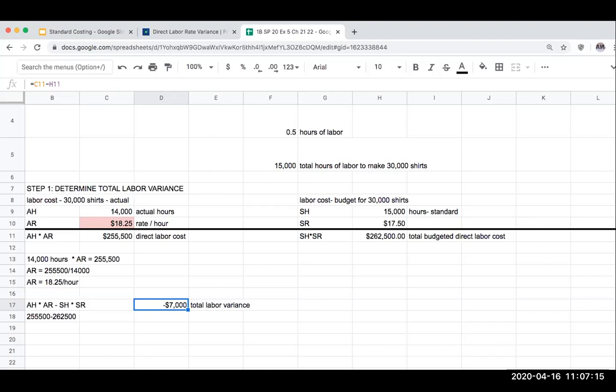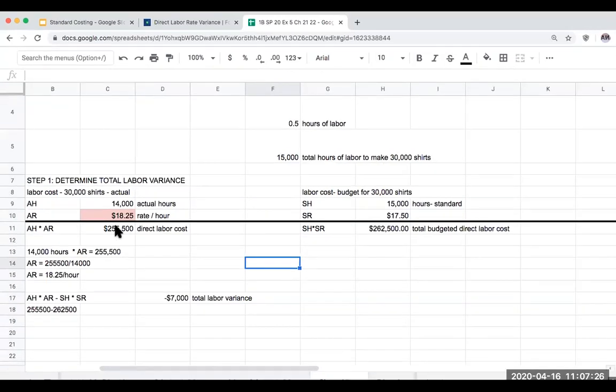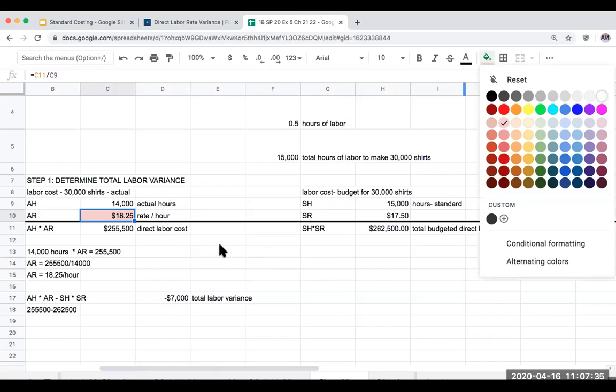Now remember what I said in the previous video. Do not think of this as negatives and positives. Rather, think about this from the perspective of, is this favorable or unfavorable? Well, the answer is it's going to be favorable. On an overall basis, I spent less than what I should have spent.